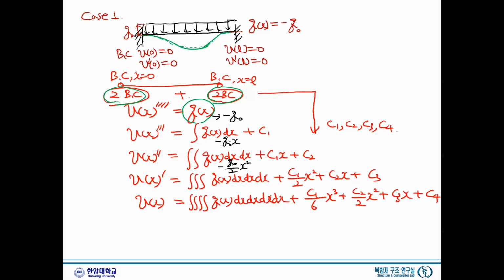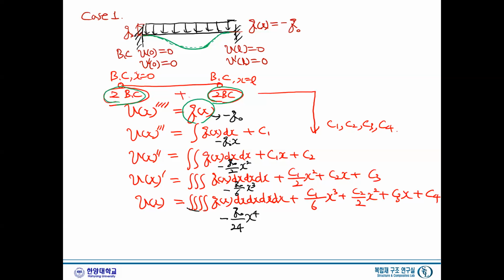Let's integrate one more time. No problem. We just integrate: minus q0 over 6 times x cubed, and then the integration constants like that. And finally, we integrate one more time. So 4 times 6, so 24, q0 and x to the fourth.